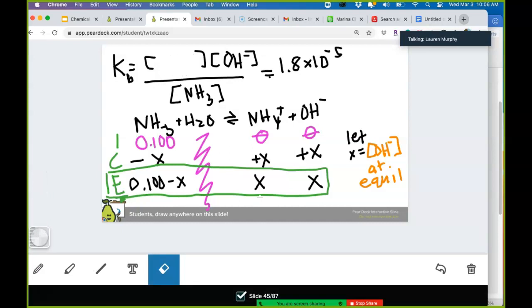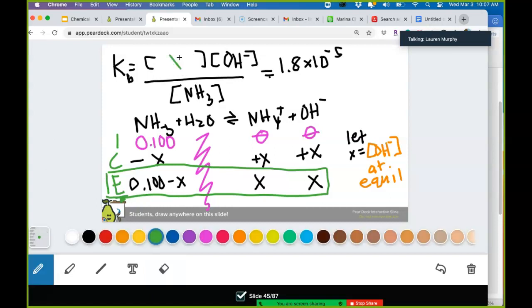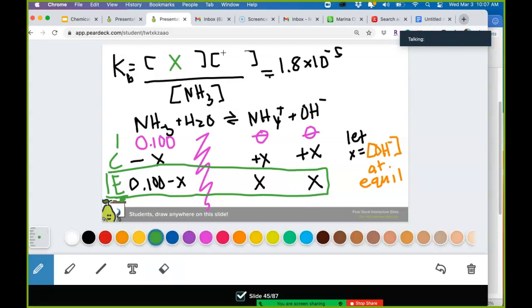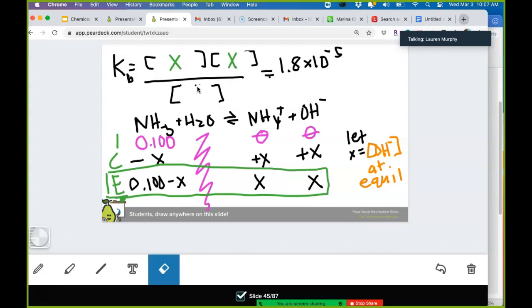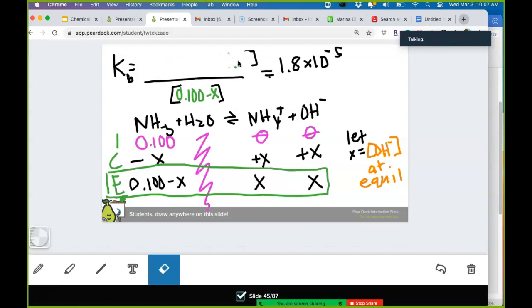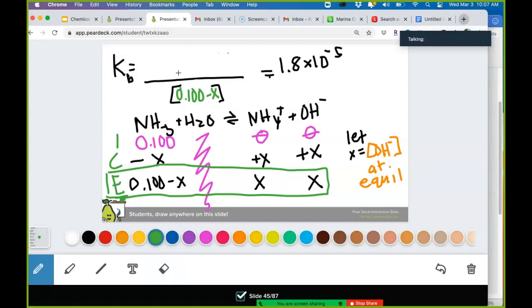So the ammonium at equilibrium is X. The hydroxide at equilibrium is X. The ammonia at equilibrium is 0.100 minus X. Okay, I'm going to simplify the top because X times X is X squared.